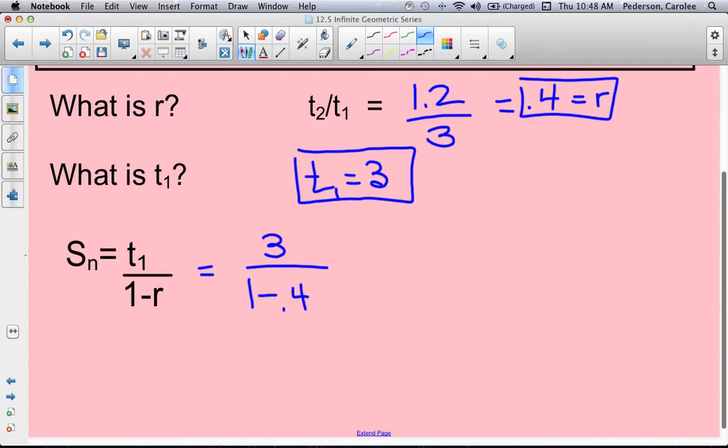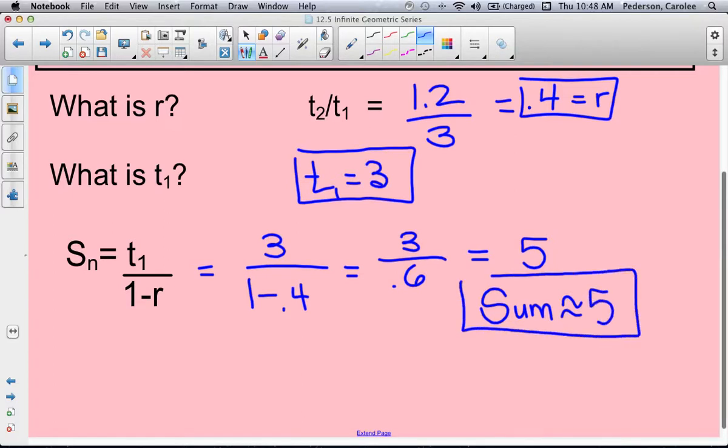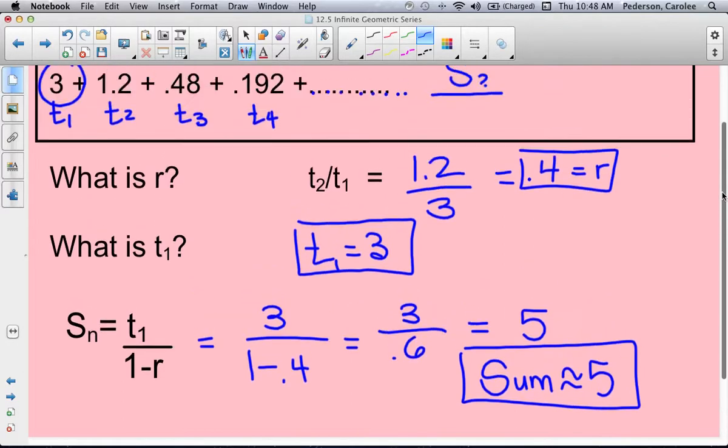And now we simplify that. So 3 over 1 minus 0.4 is 0.6. And now 3 divided by 0.6 is 5. So the sum of this series is about 5. Now remember, this does go on forever, but it's converging to 5.